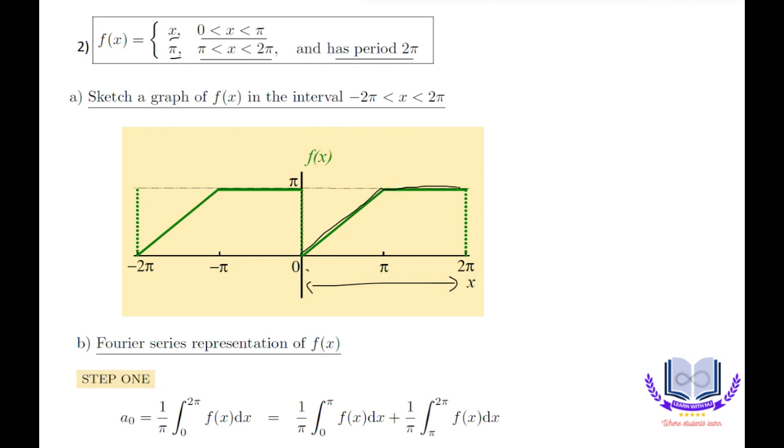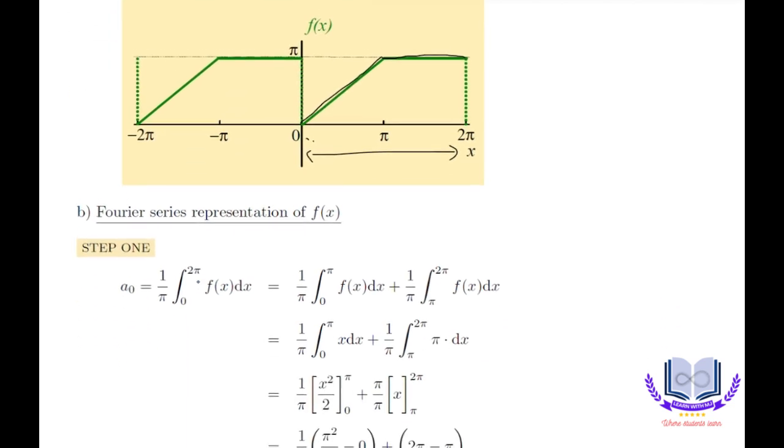This is a horizontal line for pi to 2 pi, and its value is pi. Okay. So we have to draw the graph from minus 2 pi to 2 pi, and we have covered the 0 to 2 pi interval. It is periodic with period 2 pi, so we just copy paste it for the minus 2 pi to 0 interval, and then we get the resulting graph.